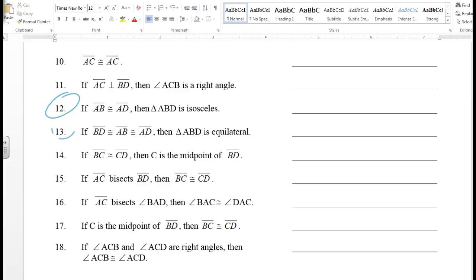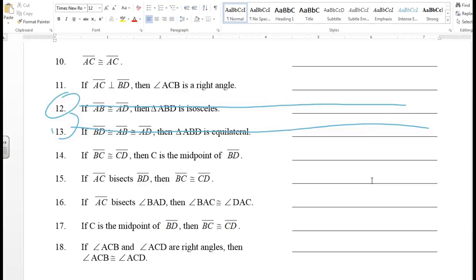So we're skipping these. Let's get through as many of these as we can.